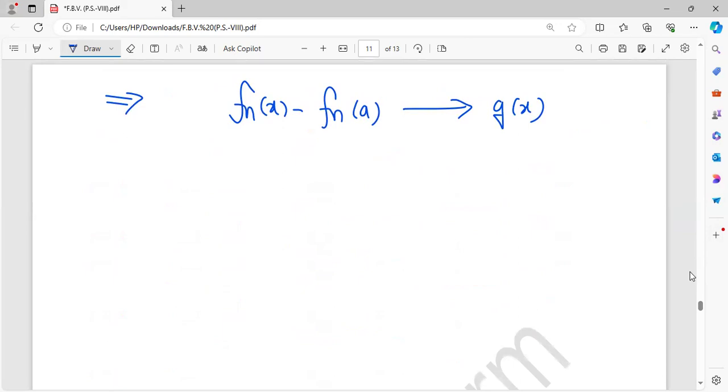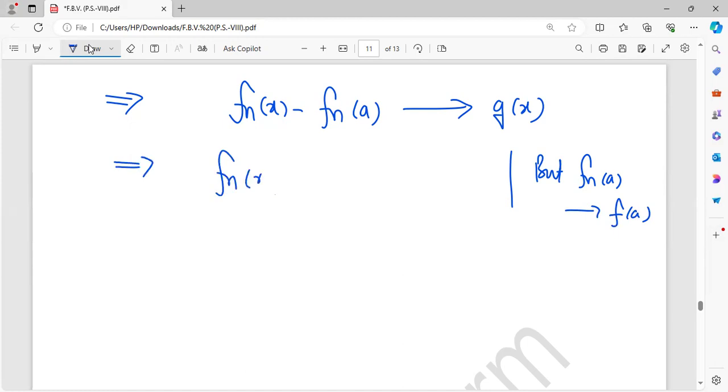But f_n(a) is converging to f(a). So this implies f_n(x) is converging to f(a) plus g(x), which I am calling f(x).